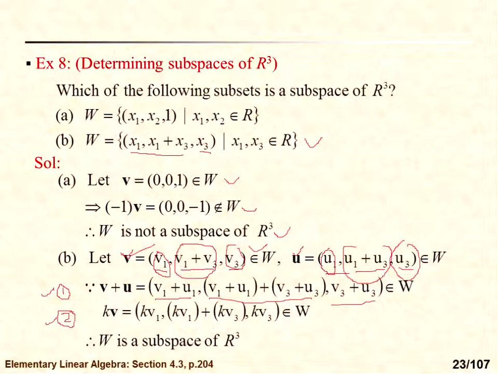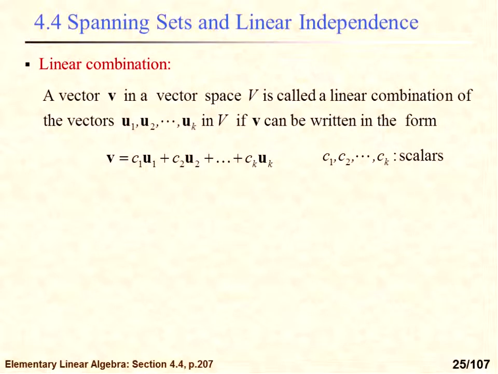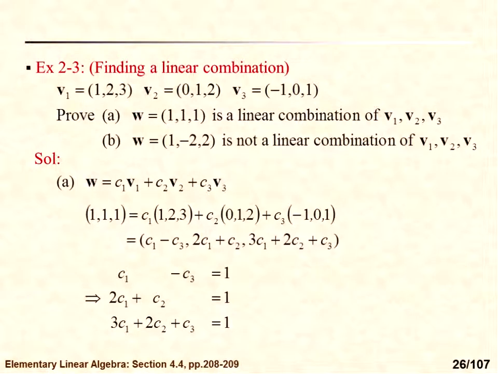And thirdly, I write the third element of v and the third element of u. Then adding them, we observe that it is in the form like this. So it belongs to W. And similarly, if we multiply with a constant k, so kv1, kv1 plus kv3 and kv3, it also belongs to W. So W is a subspace.